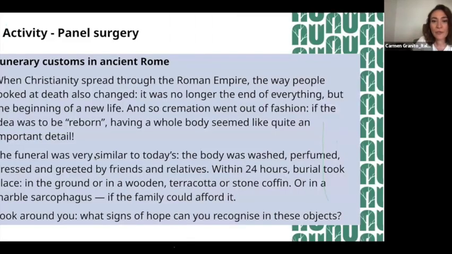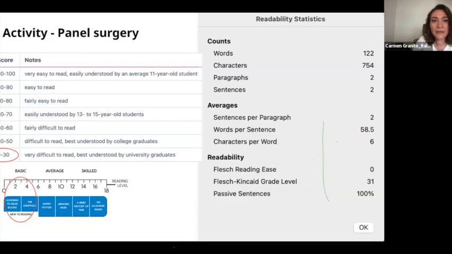So this was my reformulation. If you look at the statistics of the original piece, as you can see, the Flesch reading ease is 0, which means we are at the very bottom of the score, and so it's very difficult, best for university graduates. This is confirmed by the Flesch-Kincaid grade level, which is 31. Sorry, something went wrong here. It's the other way around.